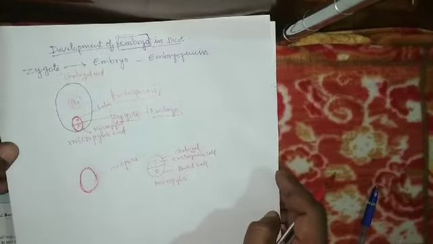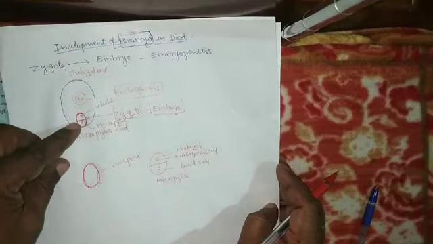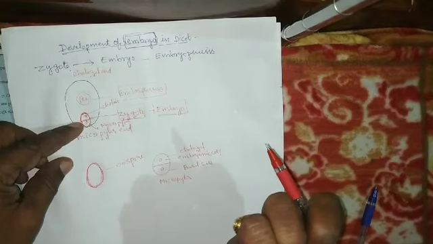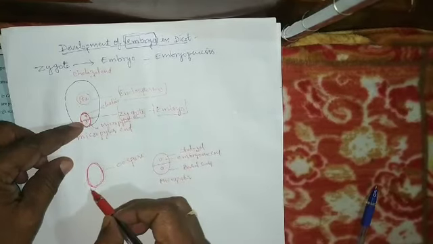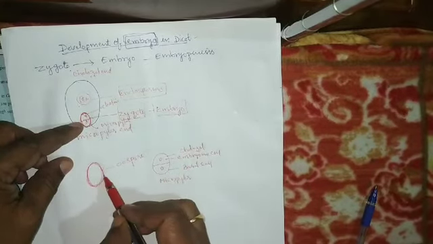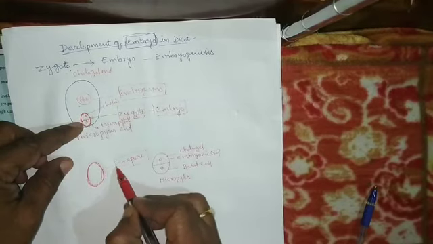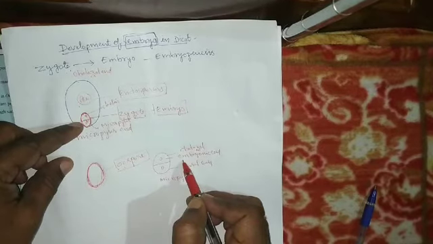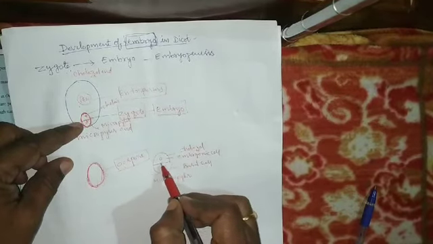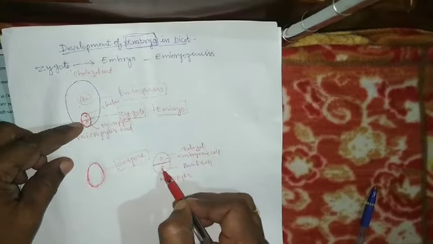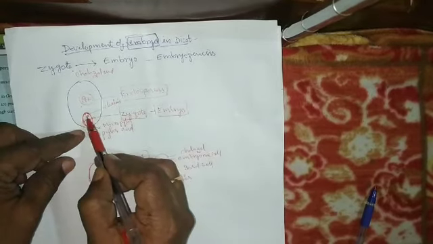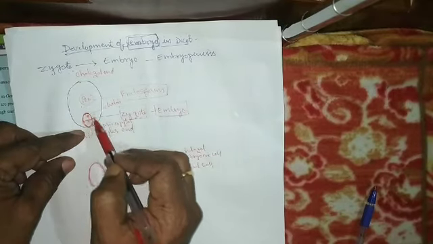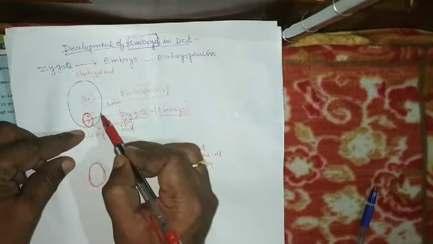When the food material is available, the zygote swells up and forms one layer around the zygote. Now it is called an oospore. Then the oospore starts dividing transversely. When the first division takes place, two cells are formed. The cell towards the endosperm, or towards the chalazal side, is called the embryonic cell.